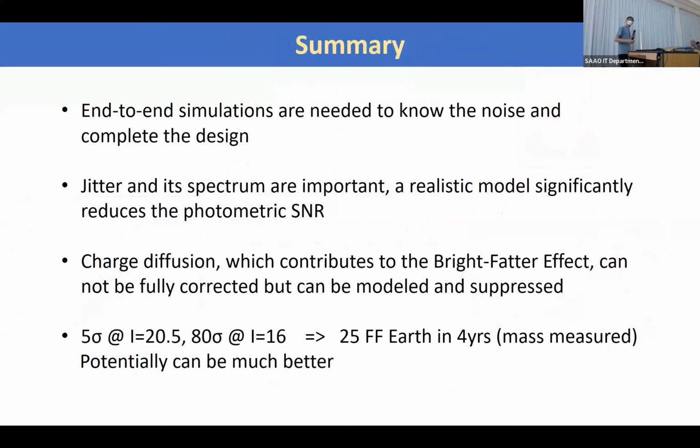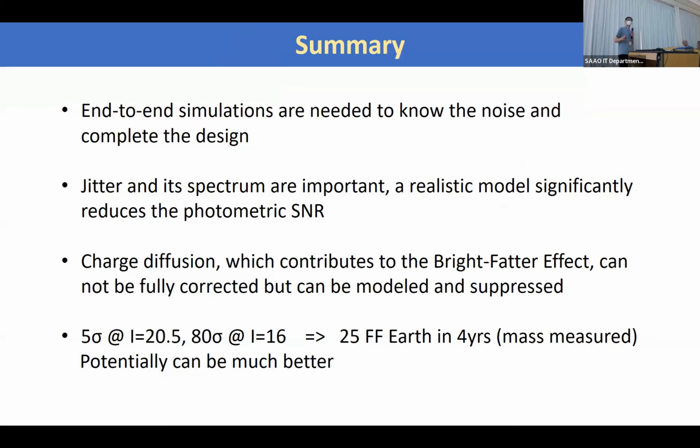So I will just summarize my talk here. First, the end-to-end simulation is necessary to complete all this telescope design. We found basically 2 very important effects.